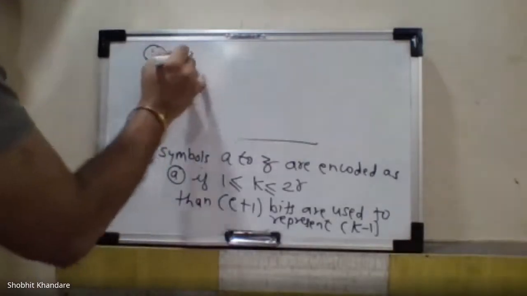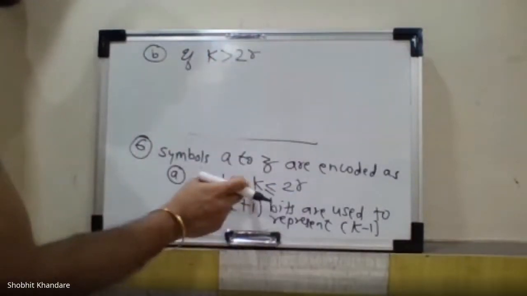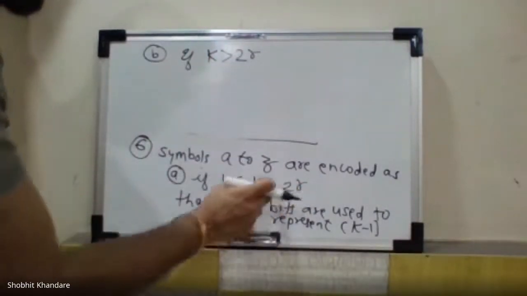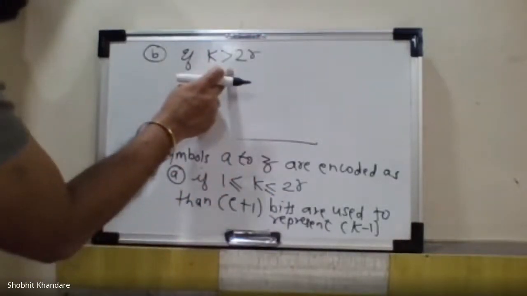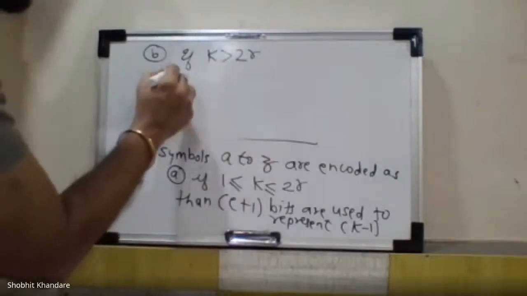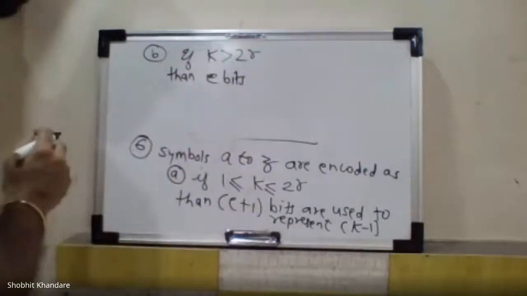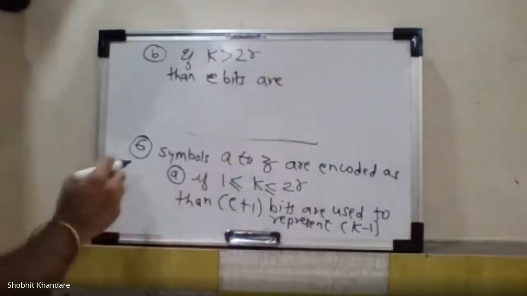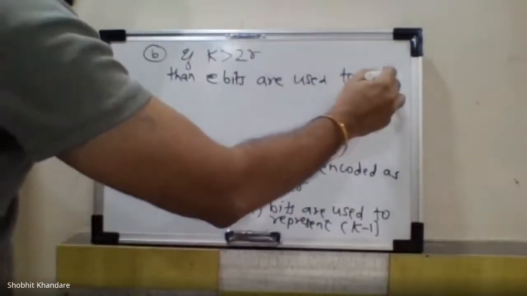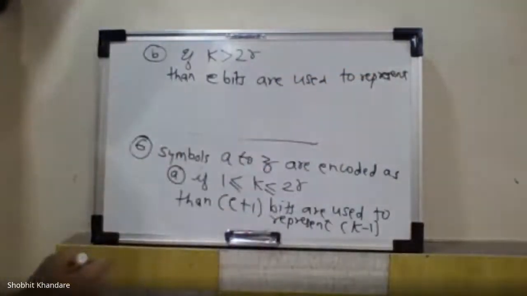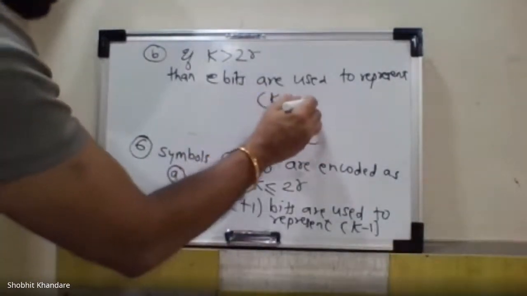If the value of k is greater than 2r, अगर k की वैल्यू 1 और 2 into r के बीच में रहेंगी तो ये करना है. अगर k की वैल्यू greater than 2r है, then write down, then e bits are used to represent k minus r minus 1.